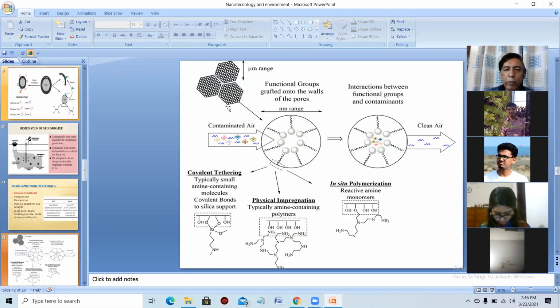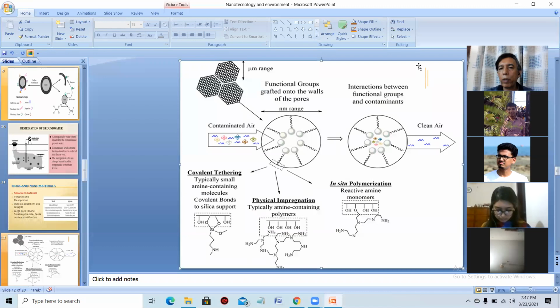That means if this is a pore, this is a pore, this is a pore, you can graft the functional group onto the walls of the pore.